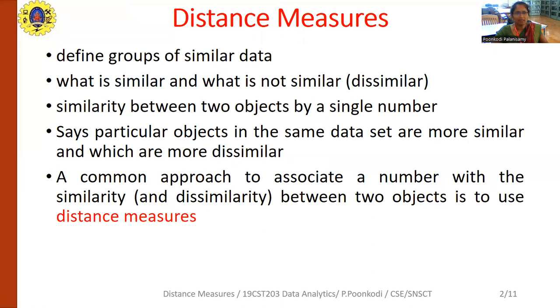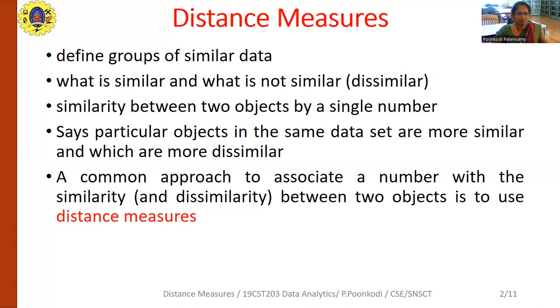We can say that objects in the same data set are more similar, and others are not similar. The common approach associated with the numbering is used for finding the similarity and dissimilarity between the two objects. This similarity and dissimilarity are identified with the help of distance measures.